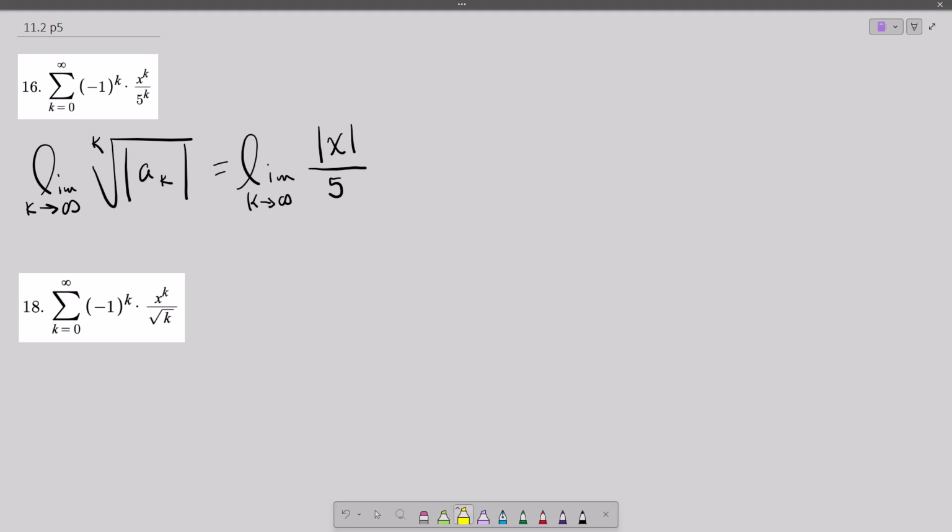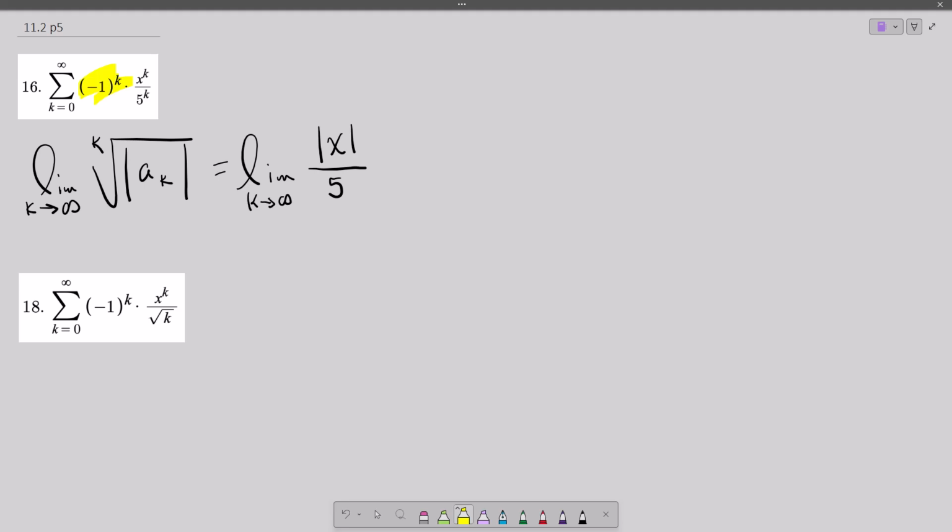The absolute value gets rid of the switch, and then the kth root of x to the k is just x, and the kth root of 5 to the k is just 5. But we still need the absolute value bars around the x, because we have a root here, and everything inside has got to be positive.